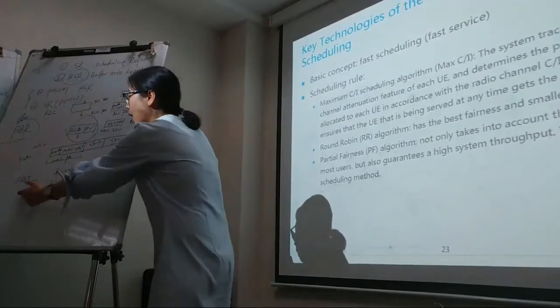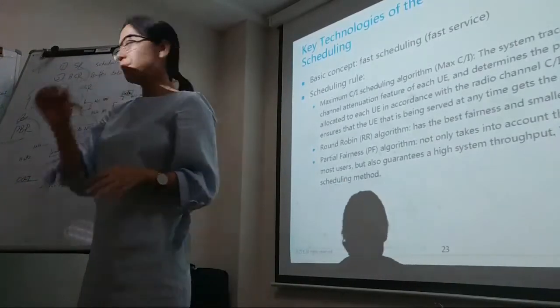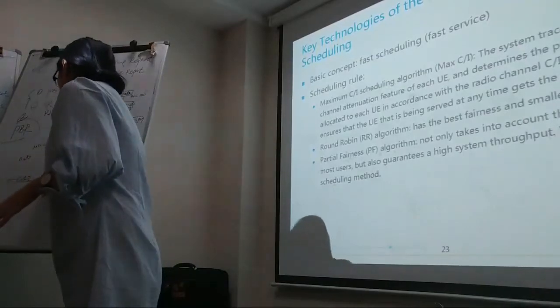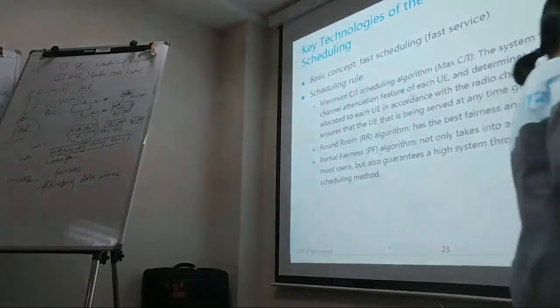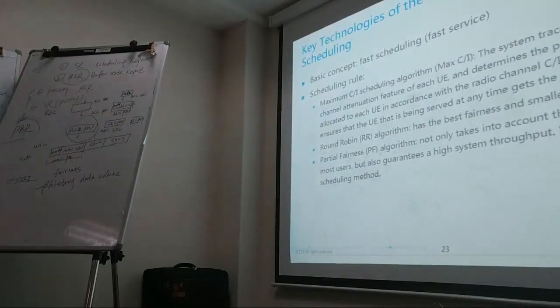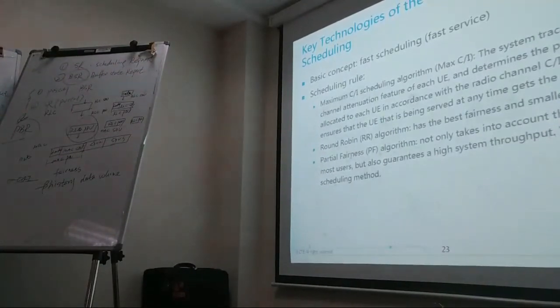For these we can give a coefficient. Different manufacturers have different algorithms and will use different coefficients, how much the CQI counts and how much the data volume counts, right?